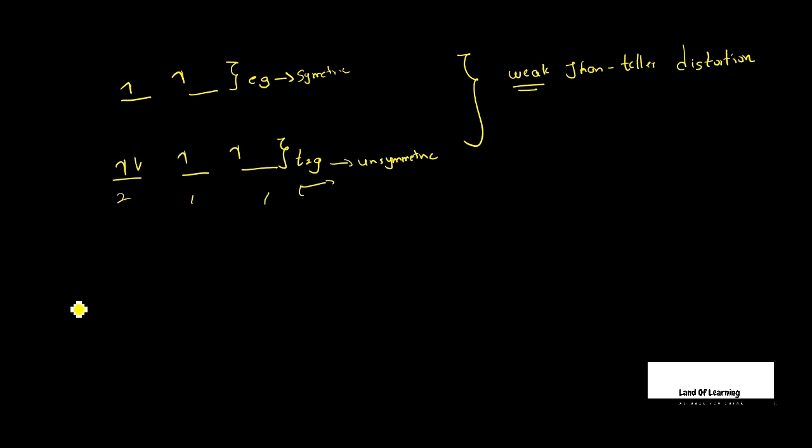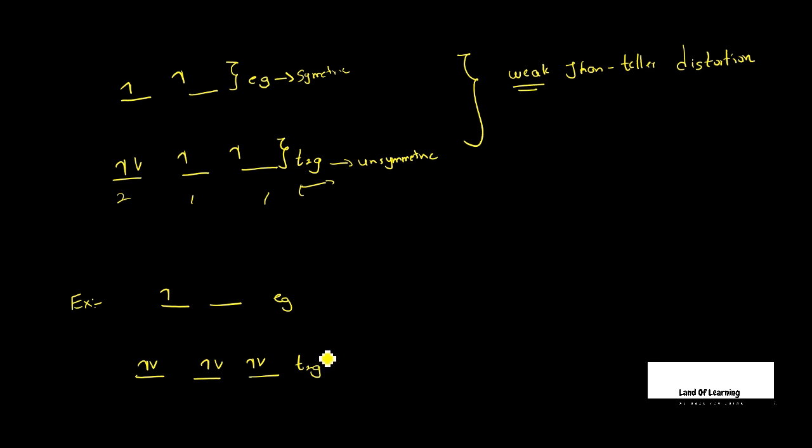Let me take another example. We have an electron configuration like this. What can we tell about this one? So we have two aspects, T2G level and EG level. First, you need to consider both these degenerate states individually and check whether these are affected by the Jahn-Teller distortion.